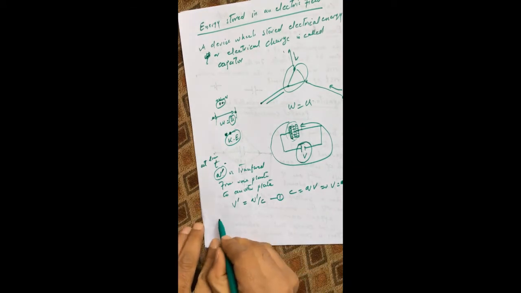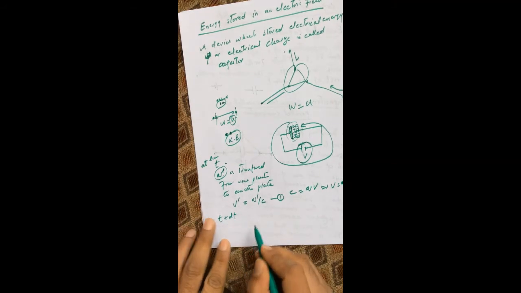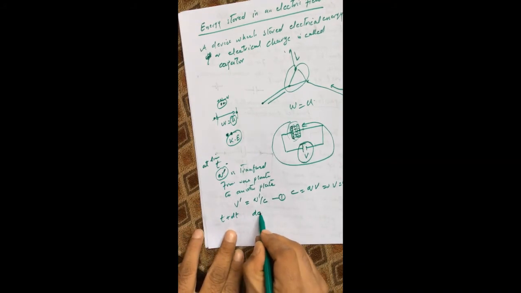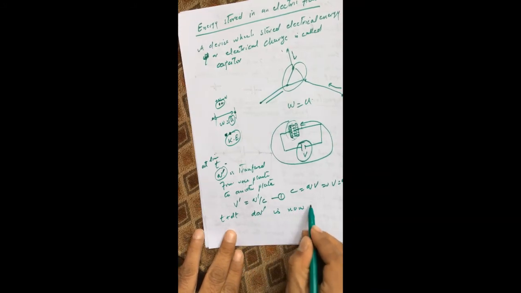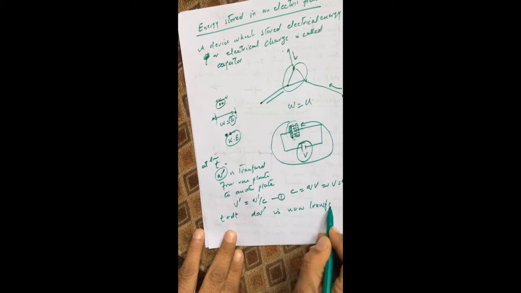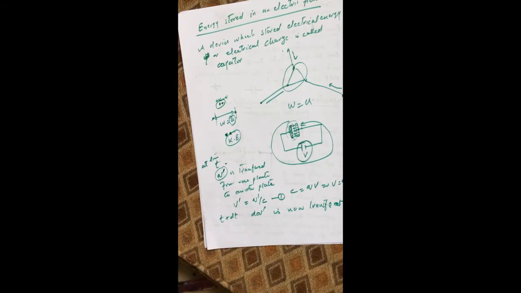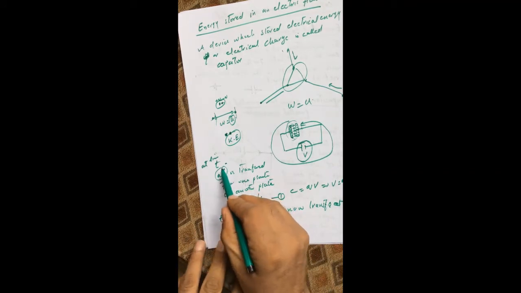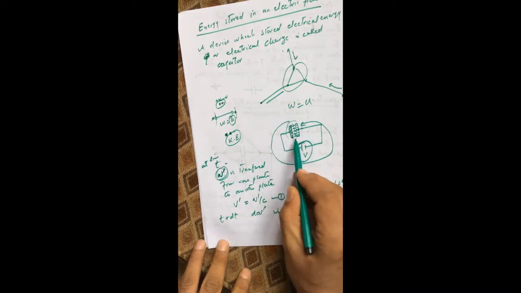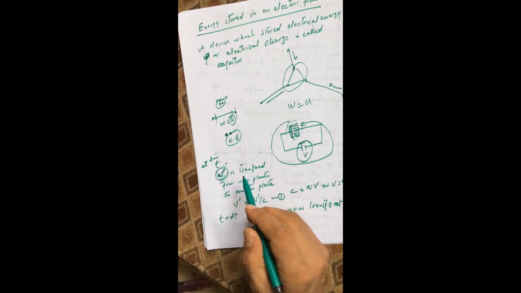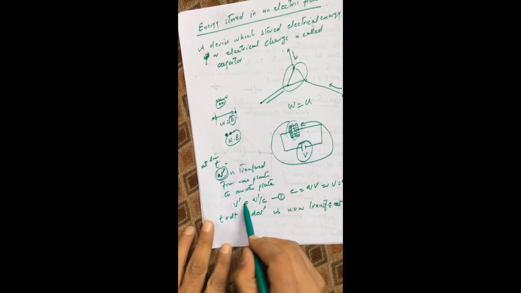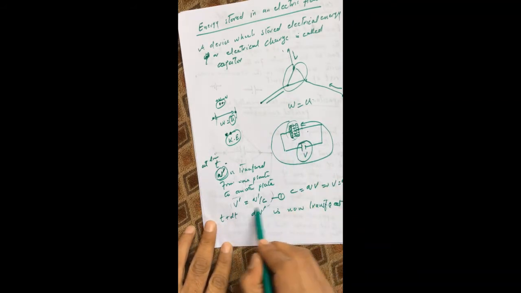Now what will happen? After time t plus dt, suppose an increment of charge dq prime is now transferred. Like at time t, there was a transfer of q prime charge from one plate to another plate. Due to that transfer, a potential difference appears across the plates, which is given by this relation.